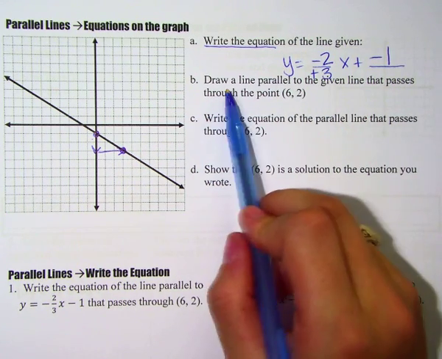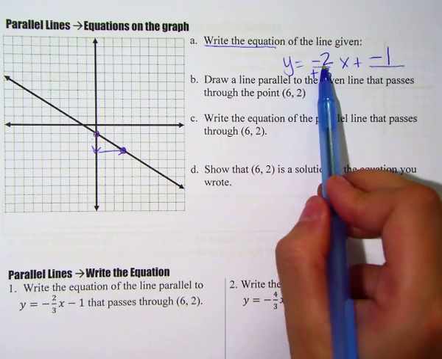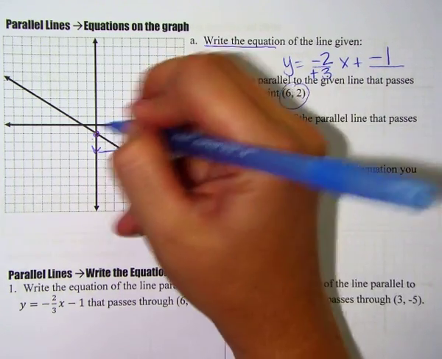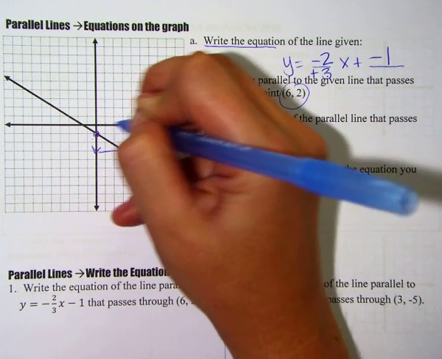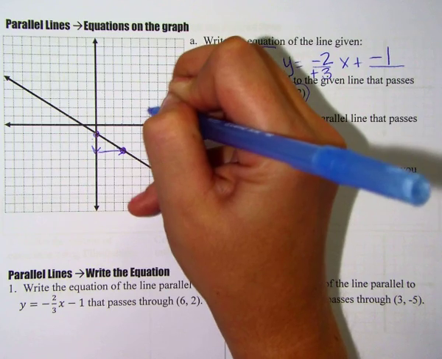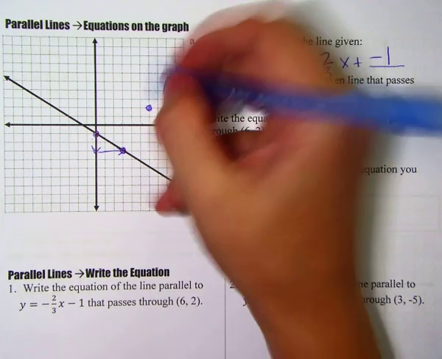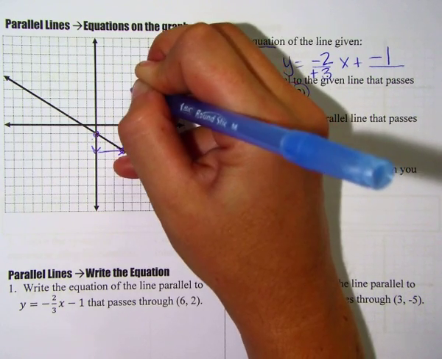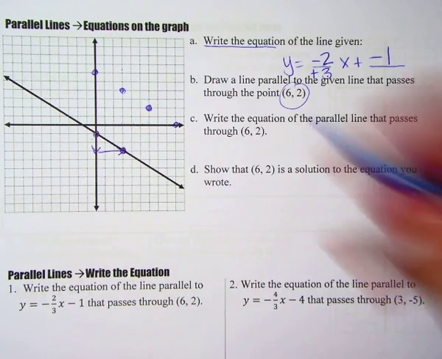Now we're going to draw a line parallel to this one, so it'll have the same slope, and passes through the point 6, 2. So let's go to 6, 2. And if it's parallel, it will have the same slope. Oh, that's good enough.